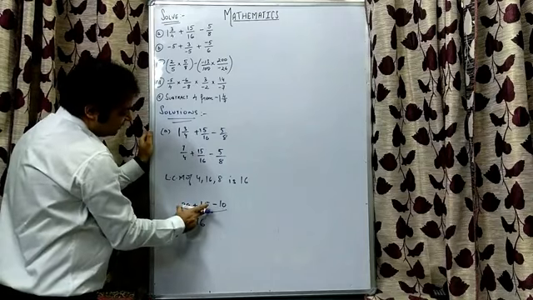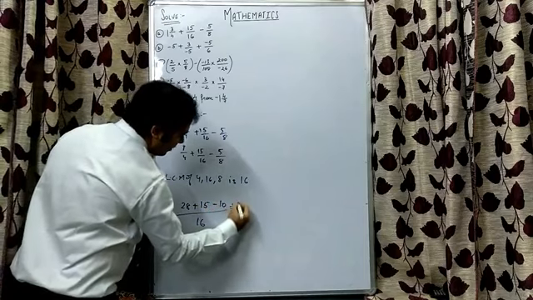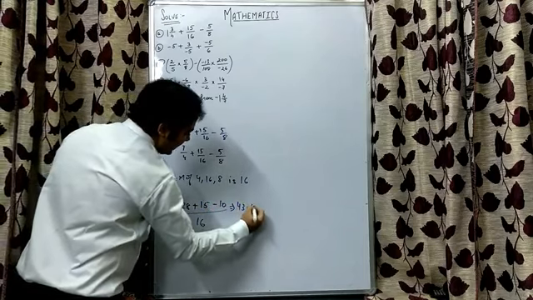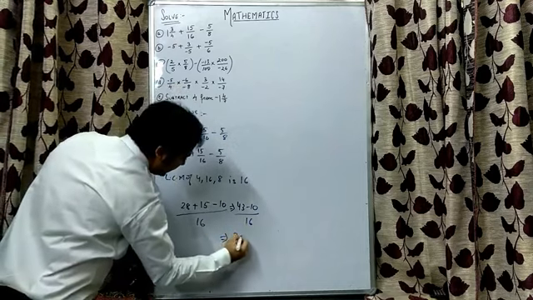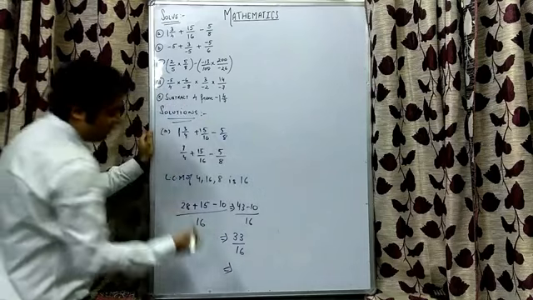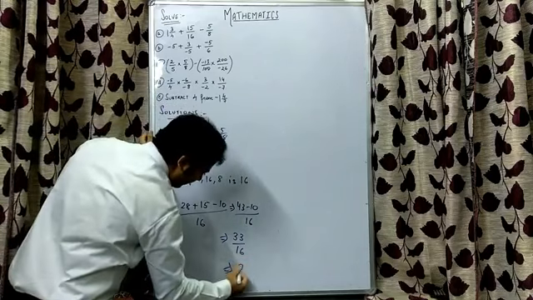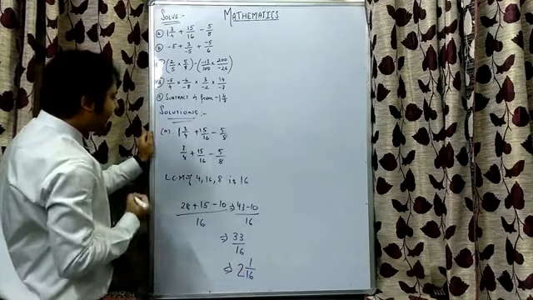So 28 plus 15 will give me 43 minus 10 upon 16. That is 33 upon 16. In mixed fraction form, it is 2 1 by 16, right?